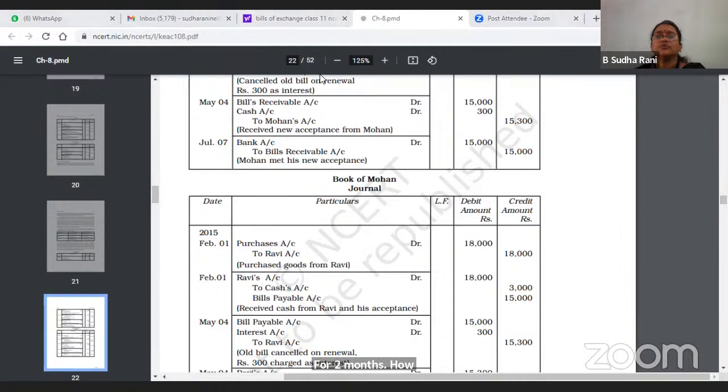I'll show you. You take 15,000 principal amount, that is the bill amount, into rate. And he will charge the interest for which period? Not for the past period, because the past period was already agreed for 3 months, to pay after 3 months. So for the past period, he will not charge interest. He will charge the interest for the new bill period.